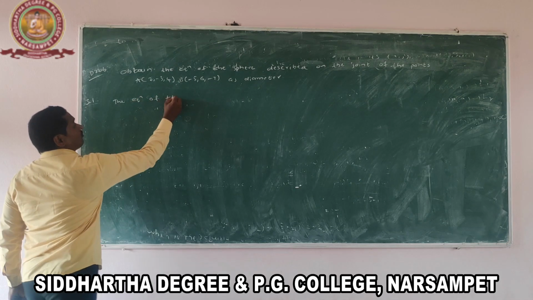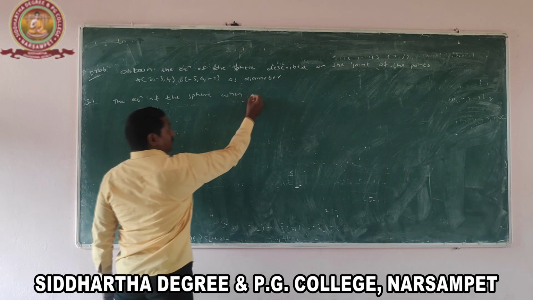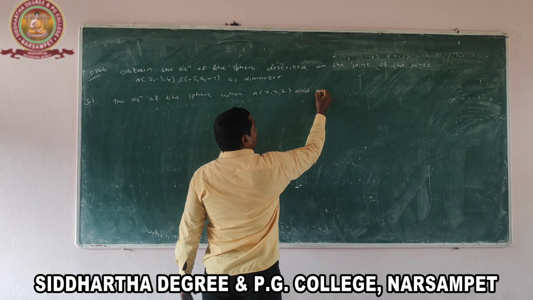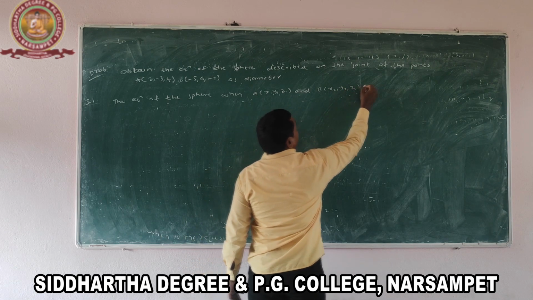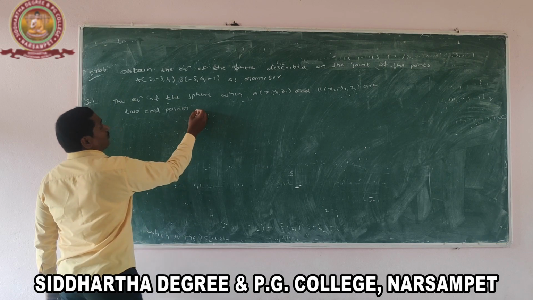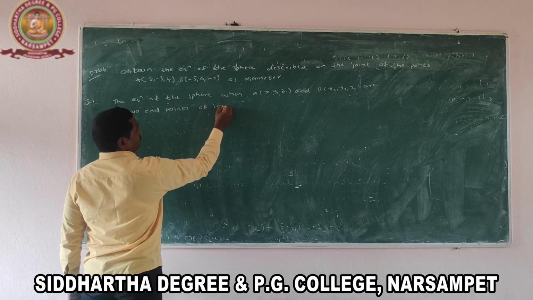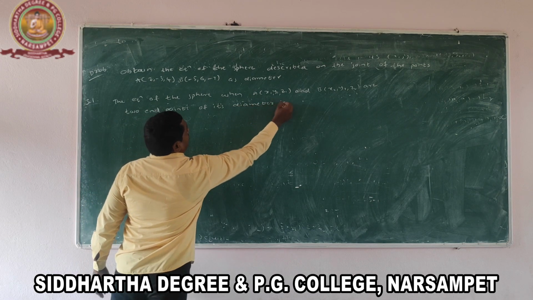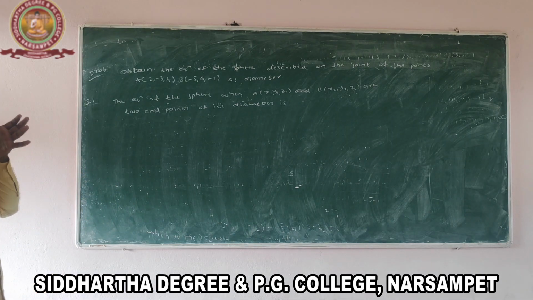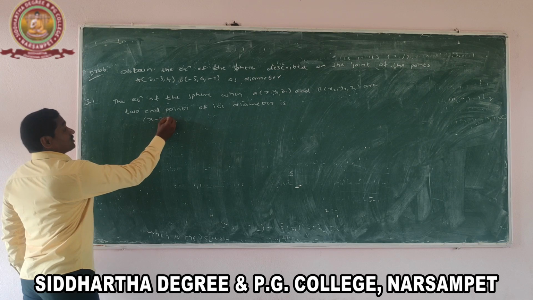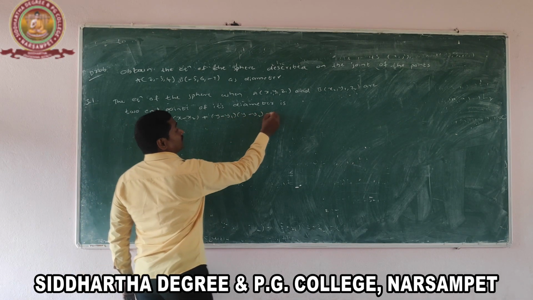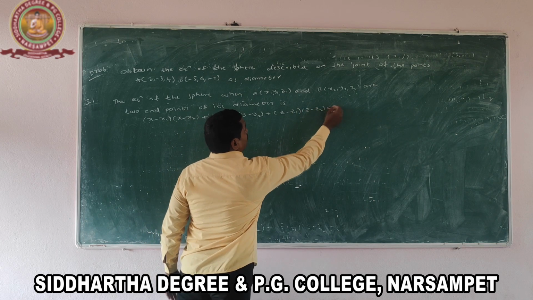The equation of the sphere when A(x1, y1, z1) and B(x2, y2, z2) are the two end points of its diameter is (x minus x1)(x minus x2) plus (y minus y1)(y minus y2) plus (z minus z1)(z minus z2) equal to 0.